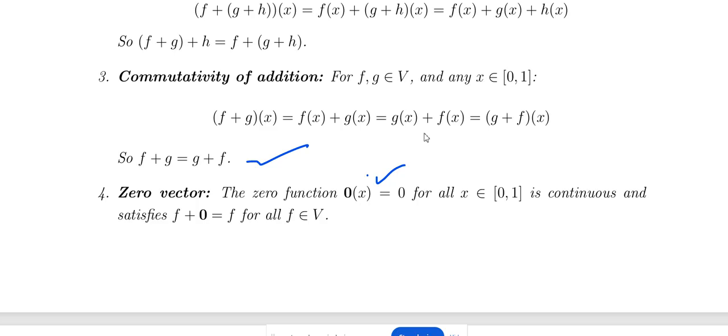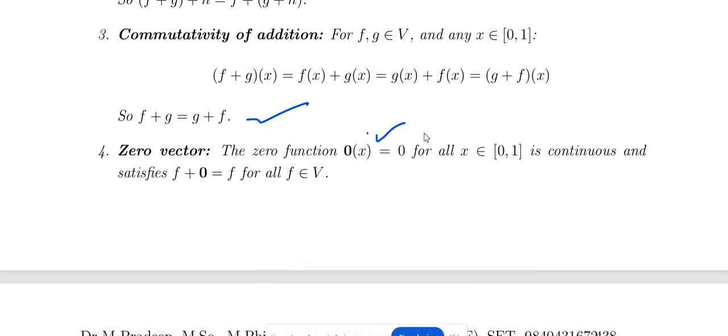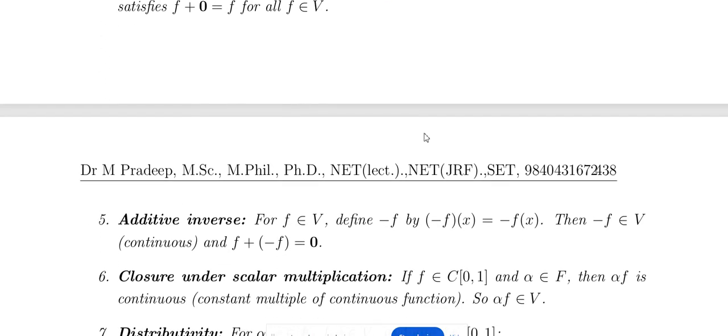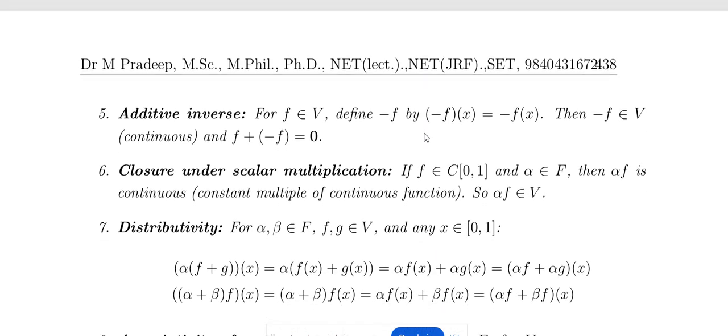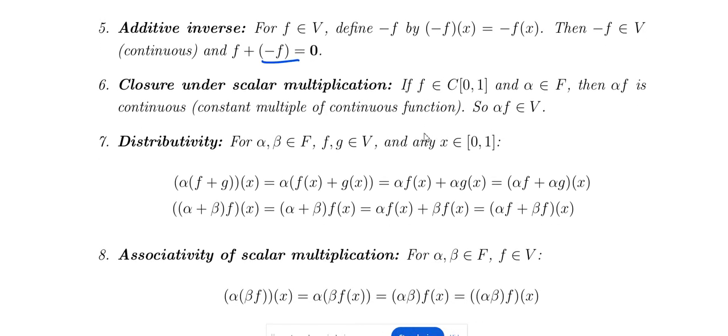That is, the zero function is the identity element. And the additive inverse is called the negative of the function, and that is the inverse.